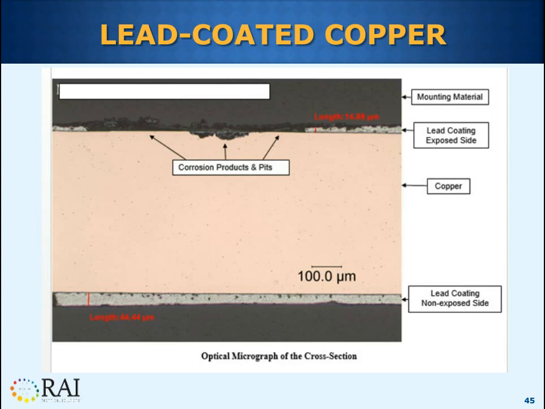Note the other side on the bottom of the micrograph, which is the inner side, which is not exposed to the atmosphere, had a relatively uniform and thicker coating. Coating on the outer side was below the ASTM specification for coating thickness. The inner side was within ASTM specification for coating thickness. This sample was typical of the dozens of samples that I analyzed.